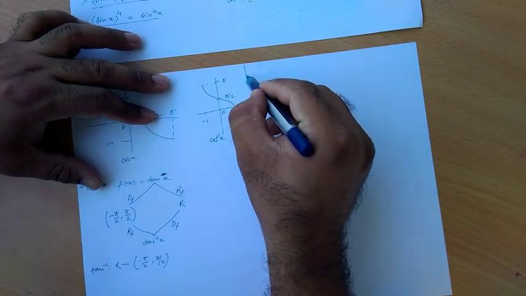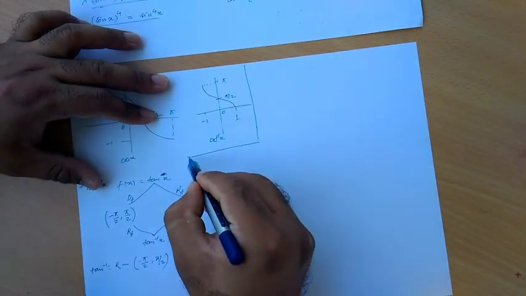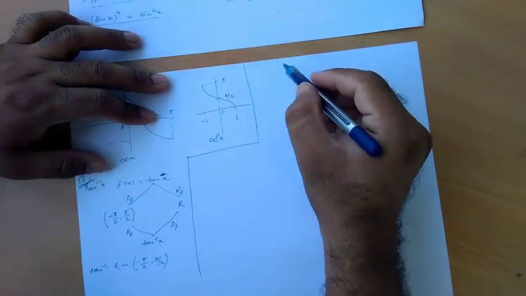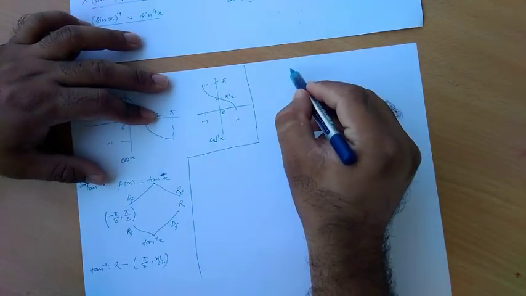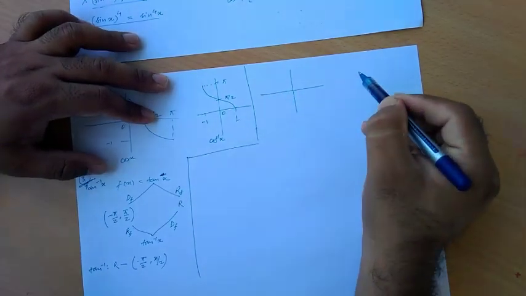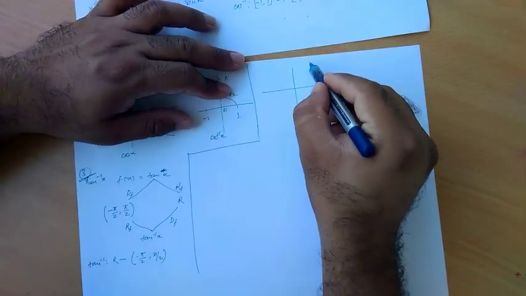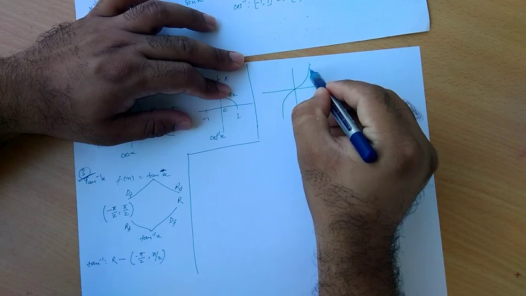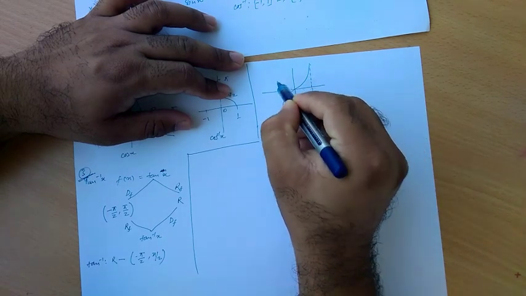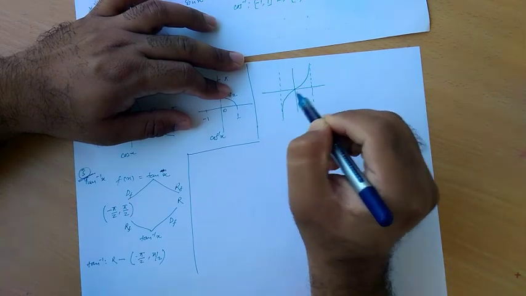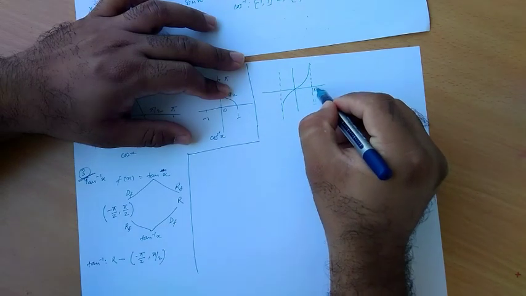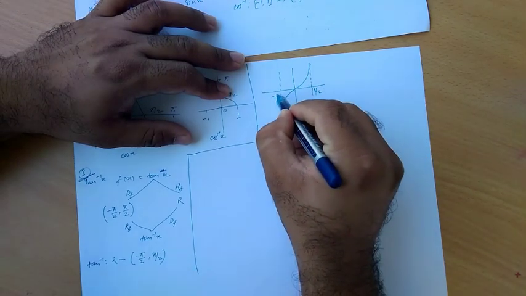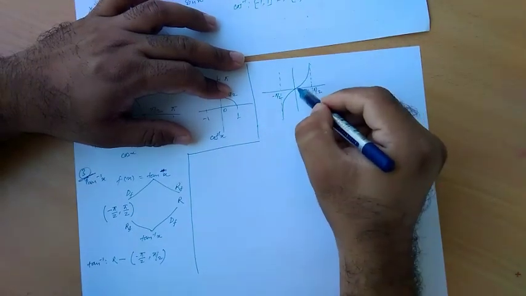We will see the graph of tan inverse also. We'll draw over here. These two lines are at pi by 2, and this is minus pi by 2, and this is the real numbers.